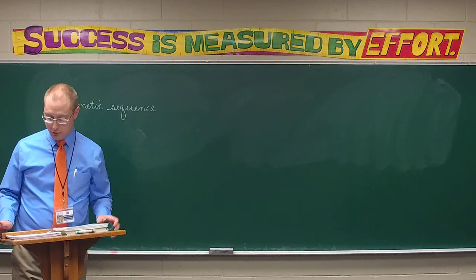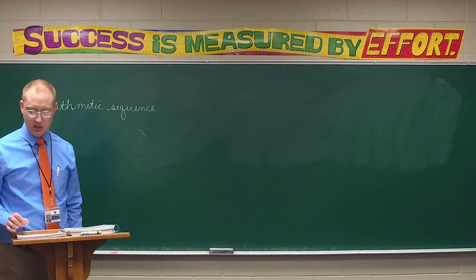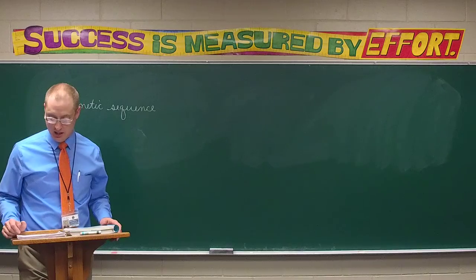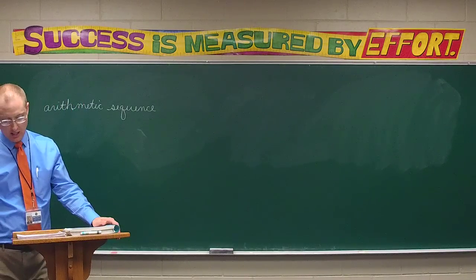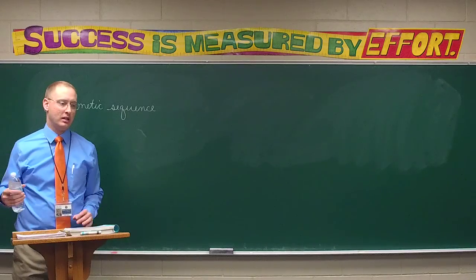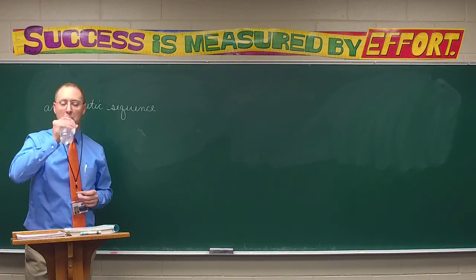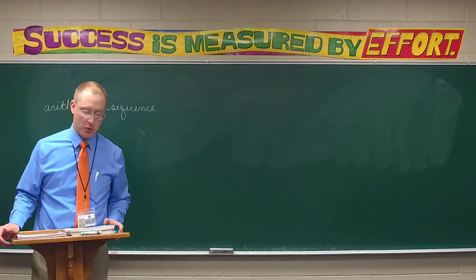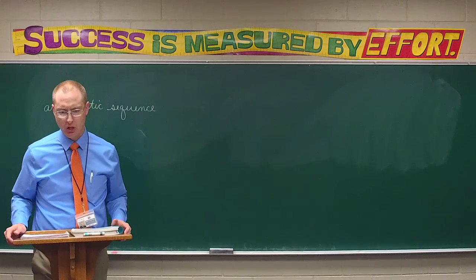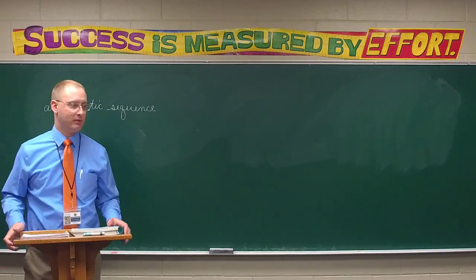Here's your definition for an arithmetic sequence. It's a sequence in which a constant is added to each term. Again, there's that key word of addition. A sequence in which a constant is added to each term to generate the next term, or to make the next term.